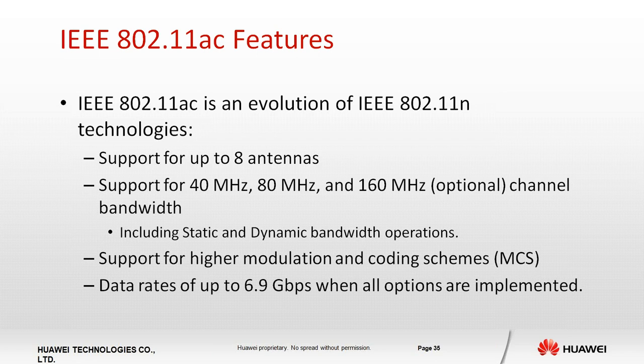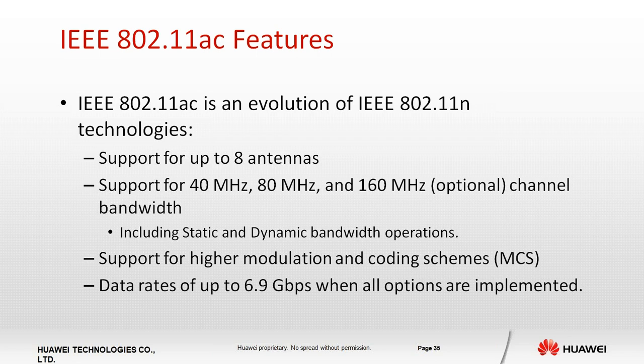It supports higher modulation and coding schemes, which basically is 256 QAM. And if you are able to build a device with 8 antennas, all optional features, and 160 megahertz channel width, if all these options are implemented, it can support data rates up to 6.9 gigabits per second.